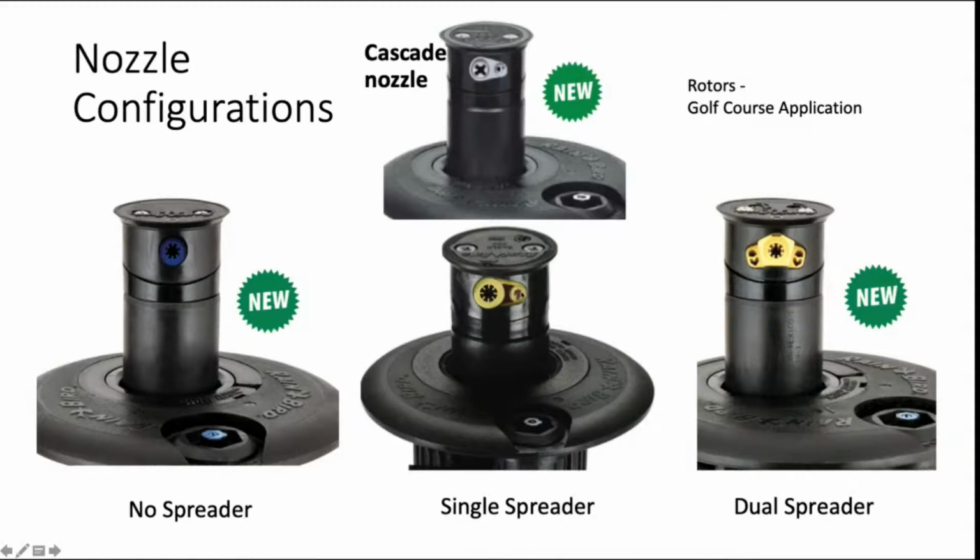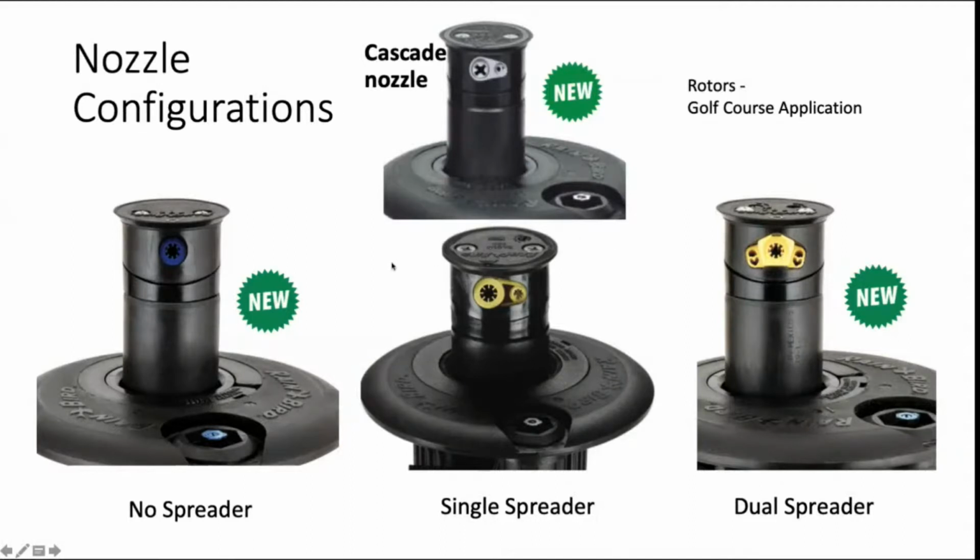The smaller nozzle, or spreader nozzle, is meant to irrigate in a closer radius or throw from the turret here, the pop-up rotor, so that you don't just throw a lot at distance and not get anything around the head. Here you see something called a cascade nozzle, and I think the cascade is because of this X pattern. It will actually throw a sheet of water. And finally, over here, there's a dual spreader. We have a spreader nozzle on either side of the main nozzle.